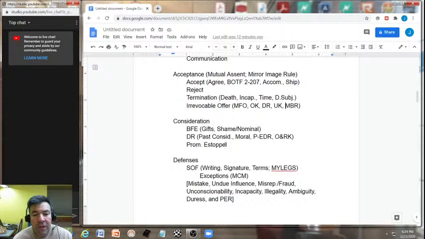Now, we also look to see, in the event that we don't have sufficient consideration, would there be a consideration substitute? Absolutely. Promissory estoppel. In promissory estoppel, we're looking to see, has the offeror made a promise? And did they make that promise with the knowledge that the offeree, the promisee, would rely, and was that reliance justifiable?